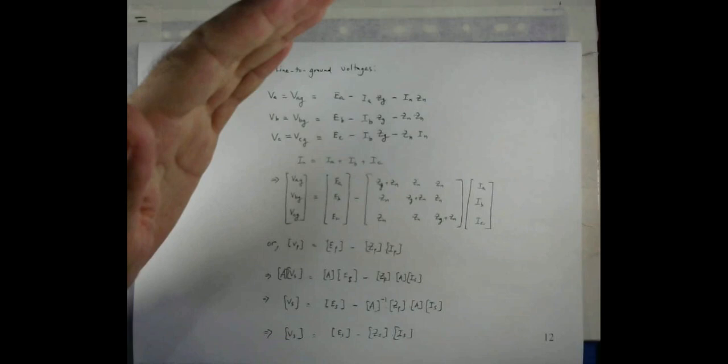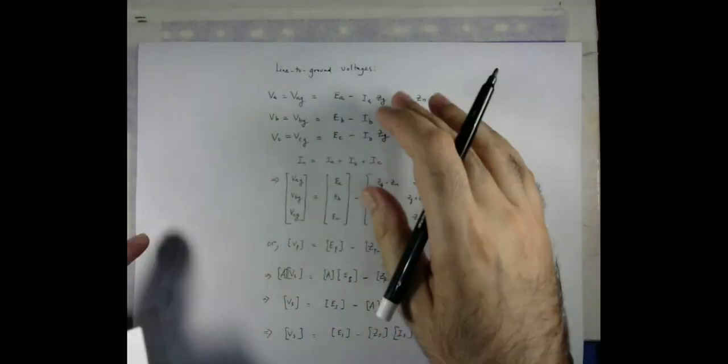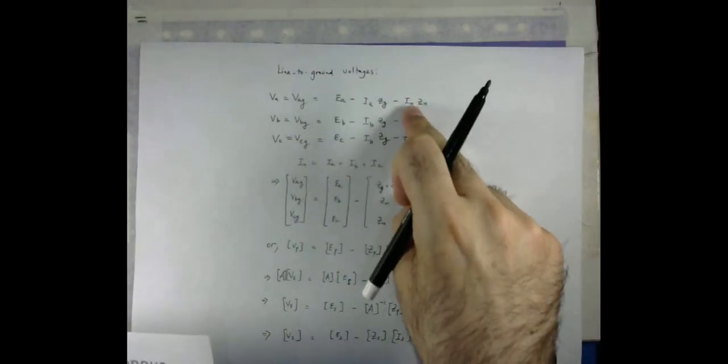We have already discussed those matrices, so I will not go through them once again, but if you are interested, you can put the neutral current as the sum of these three currents, and you will see that it will reduce into this particular representation.